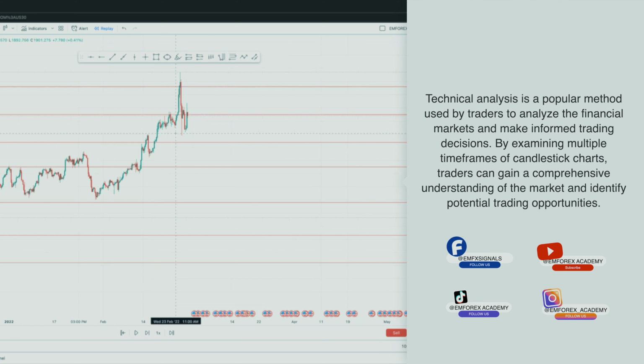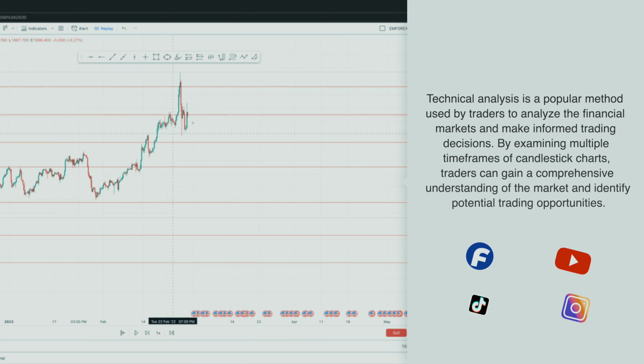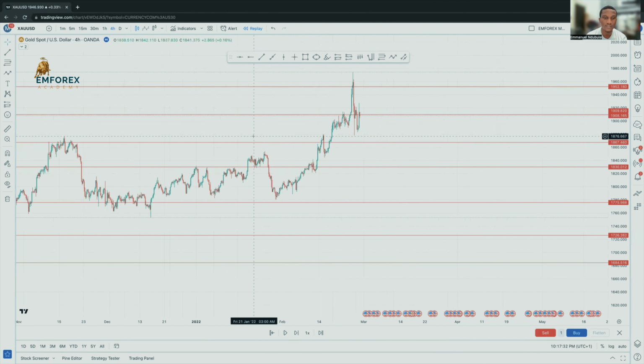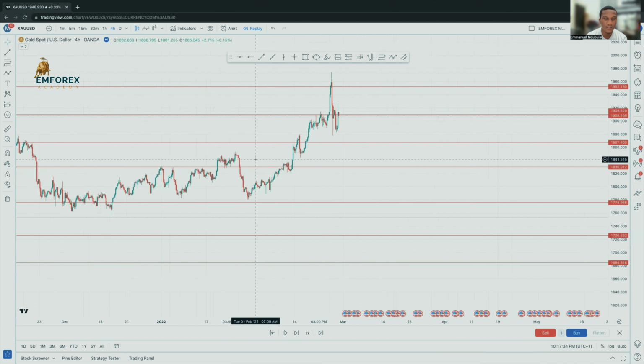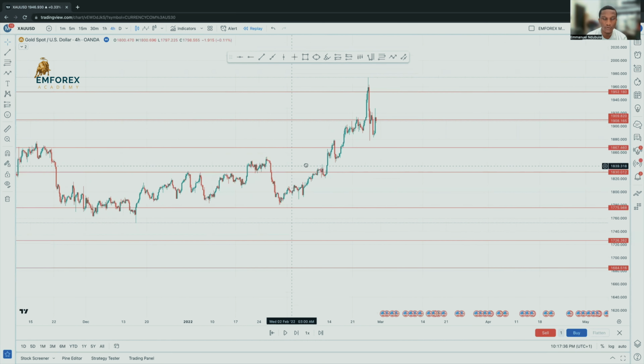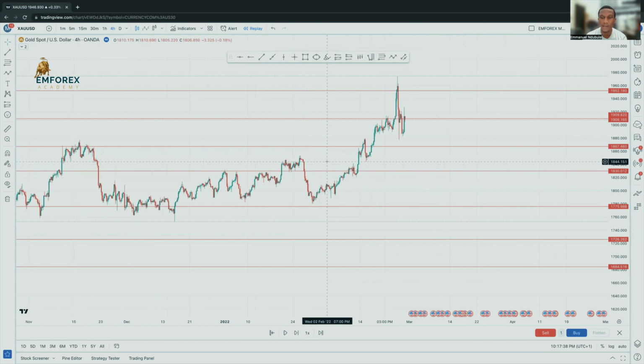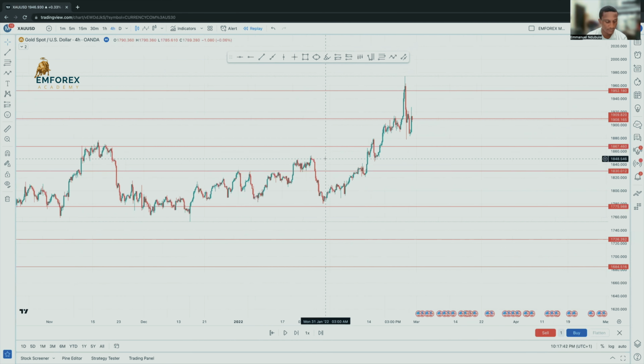By examining multiple time frames of candlestick charts, traders can gain a comprehensive understanding of the market and identify potential trading opportunities. So if you can see a higher time frame move on a lower time frame and then capitalize on it, then you have a good move for yourself.